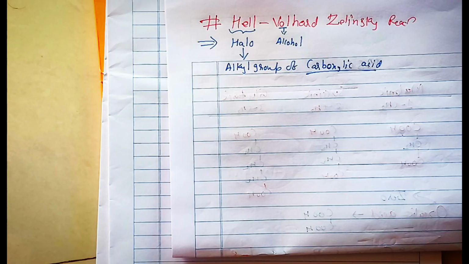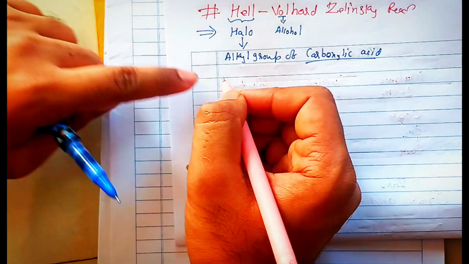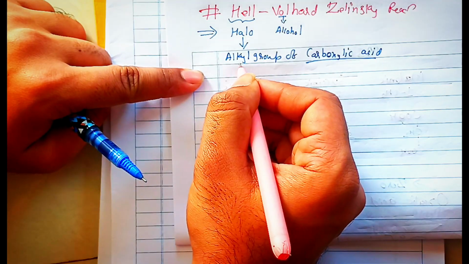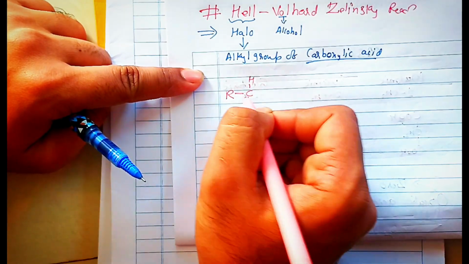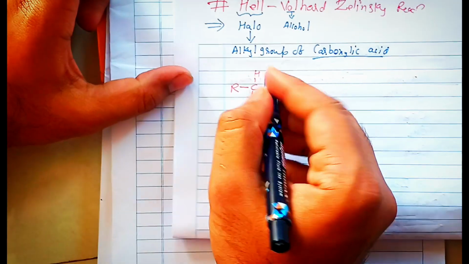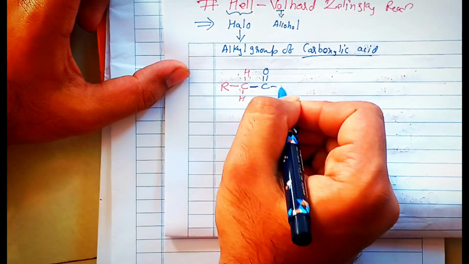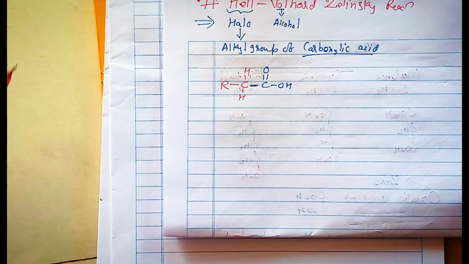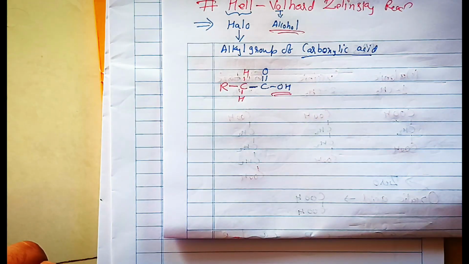Okay, so here we can write R alkyl, this alkyl is attached to the carboxylic acid, right? And this reminds me of alcohol, OH.